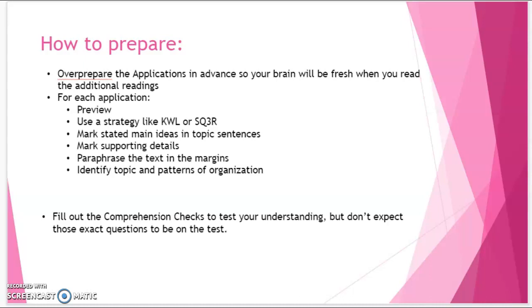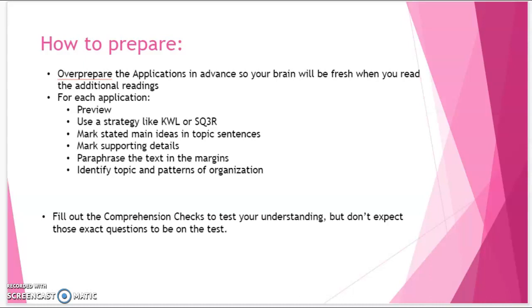How do you over-prepare the applications? Well, for each of them, preview, and then use a holistic strategy like KWL or SQ3R to read them. Mark stated main ideas in topic sentences. I suggest if you have a paper text, you just use a pencil and just mark right on your book, or even a highlighter.